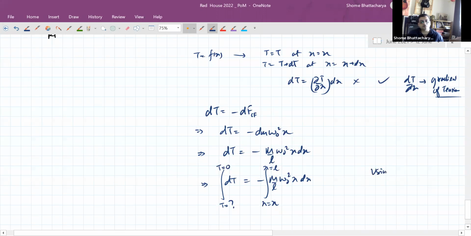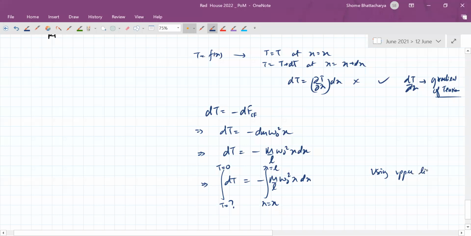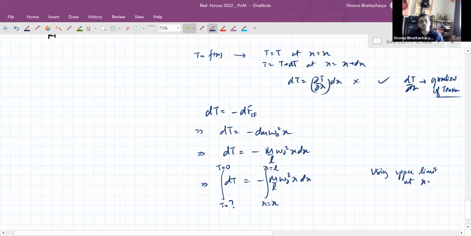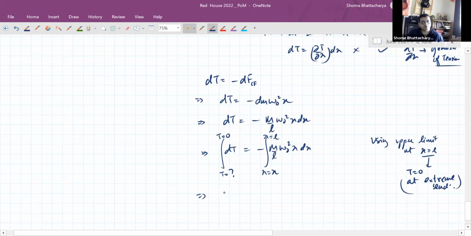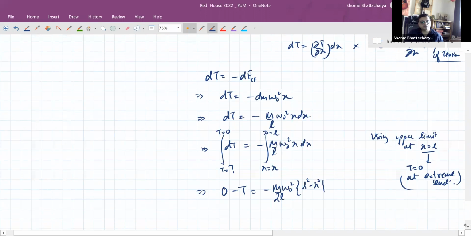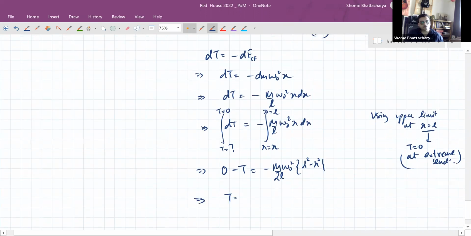So using the upper limit at x equal to L, because tension is 0 at the extreme end of the rod, 0 minus T will become minus m by 2L omega square, L square minus x square. So we get that same formula of tension that we got.